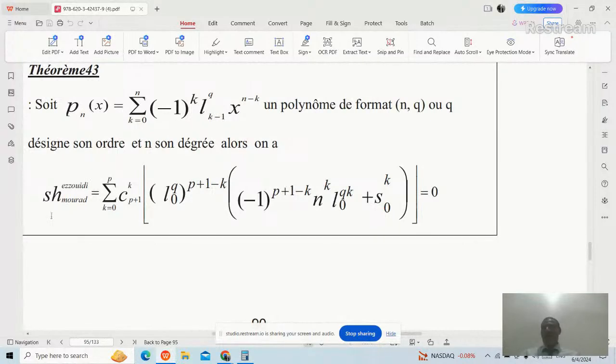So the Sultan Hania Ezouidi Mourad formula, my own formula, equals the sum from 0 to p of the combination (p+1 choose k), times L0 of all the q raised to the power p+1-k, times (-1) raised to the power p+1-k, n raised to the power k, L0 of all the q^k, not k raised to the power r, no, q^k, plus L0 of all the q. Then I close the parentheses two times, and this equals 0.